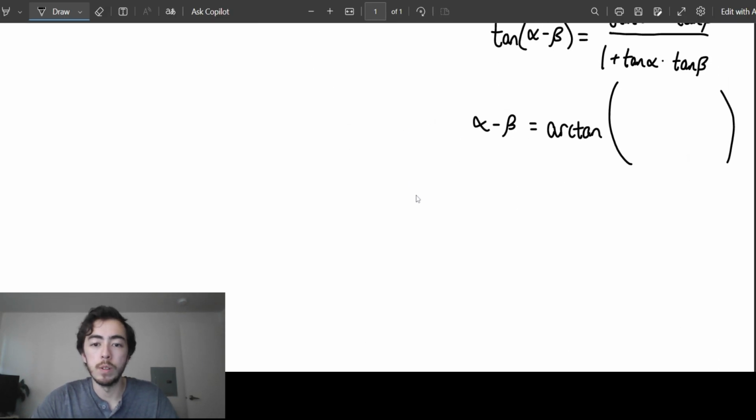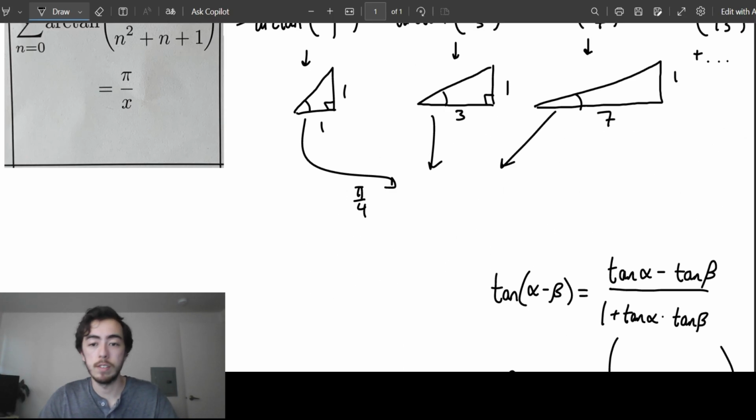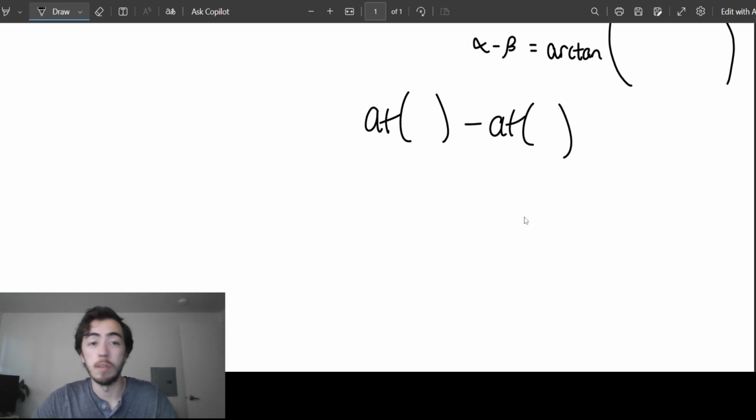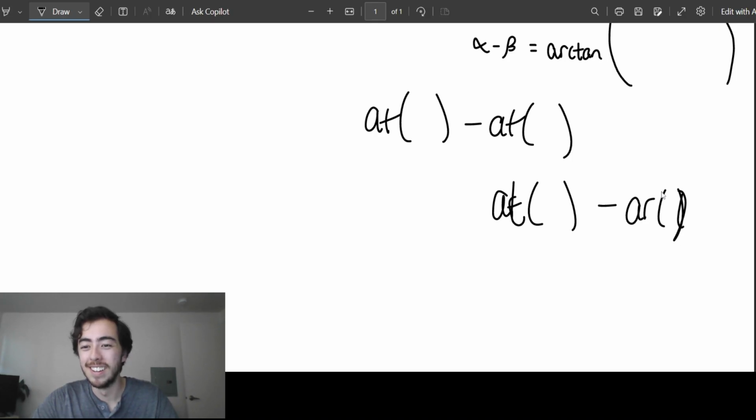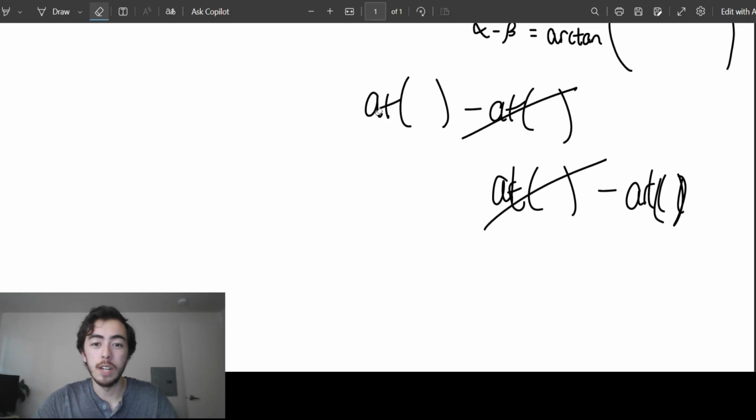My whole goal is that we have some arctangent of something minus arctangent of something, and each term that we have is able to be broken up as a difference. Then the next term in the sum, I'm hoping, is going to be arctangent of something minus arctangent of something. And the whole goal here is to get a telescoping series where all of these middle terms cancel out with each other. So it's kind of a lofty goal.